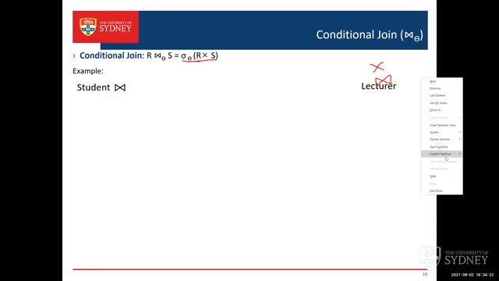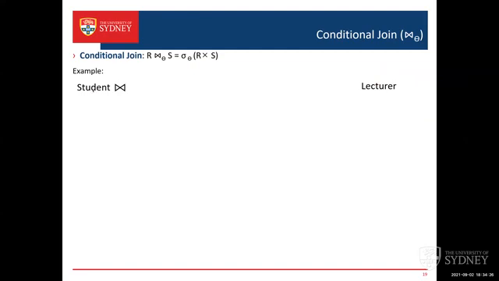Let's say I have a student table and a lecturer table, and I want to put some conditions for their joining. So let's say this is the condition. This is just an arbitrary condition, just to show you that yes, we can put some conditions. Let's say I'm putting a condition that the student's first name must be equal to the lecturer's last name, and the student's SID should be less than the lecturer's employee ID. Some arbitrary conditions, but everything should make sense.